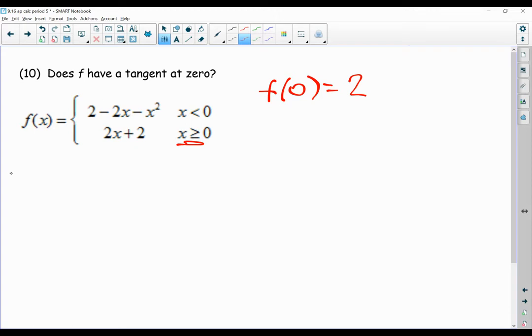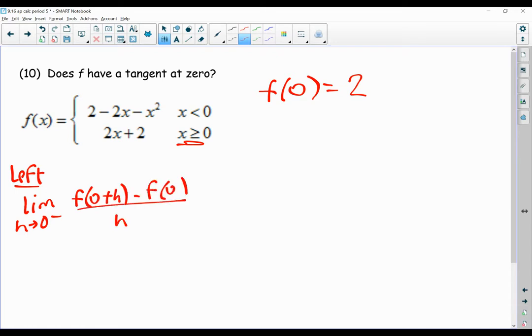So if I want to find the left side, I'm taking the limit as h approaches 0 from the left of f of 0 plus h minus f of 0, over h. Now f of 0 is 2 no matter what side I'm coming from, so this is going to be a 2.